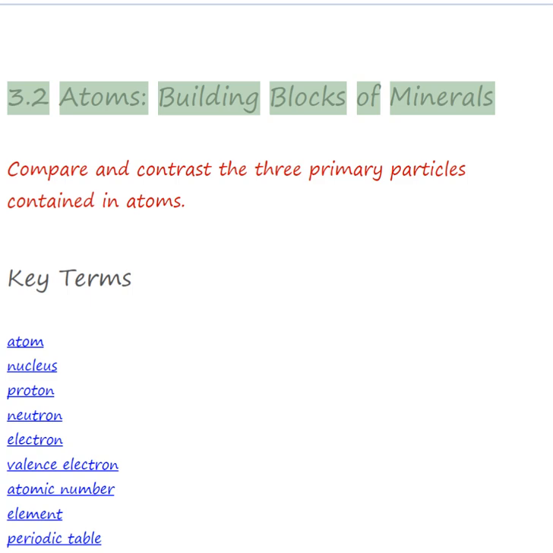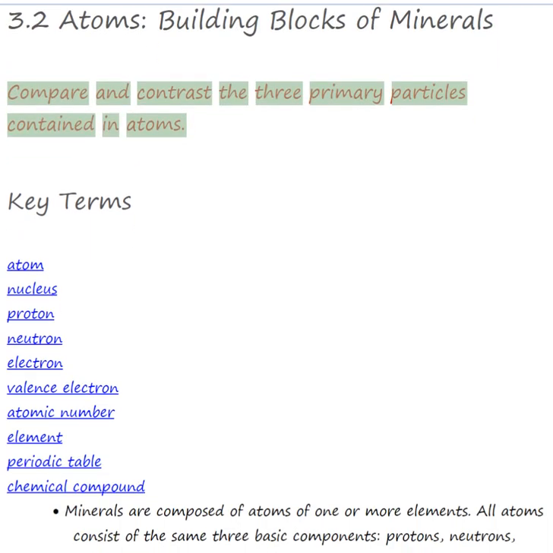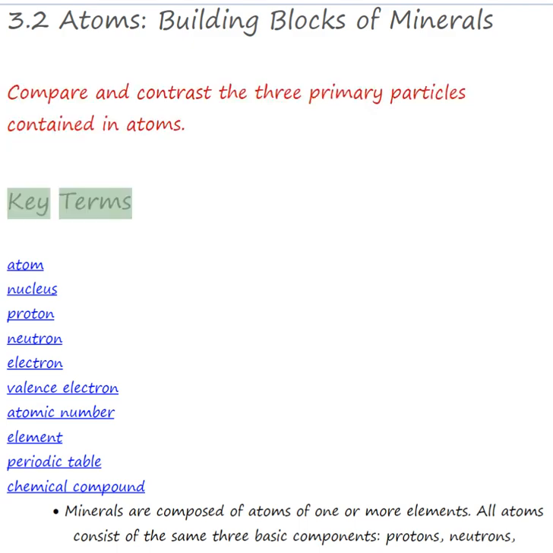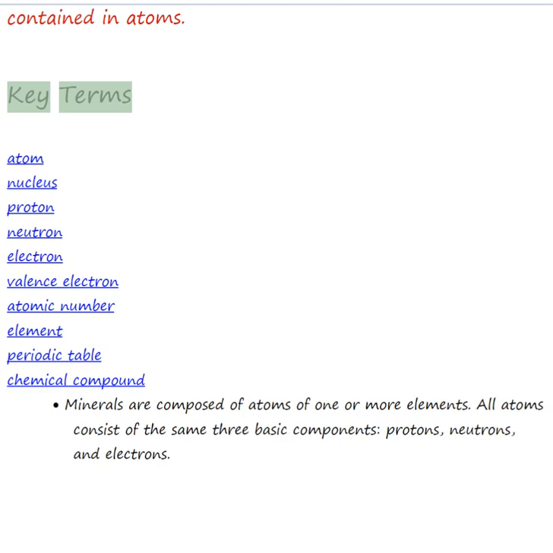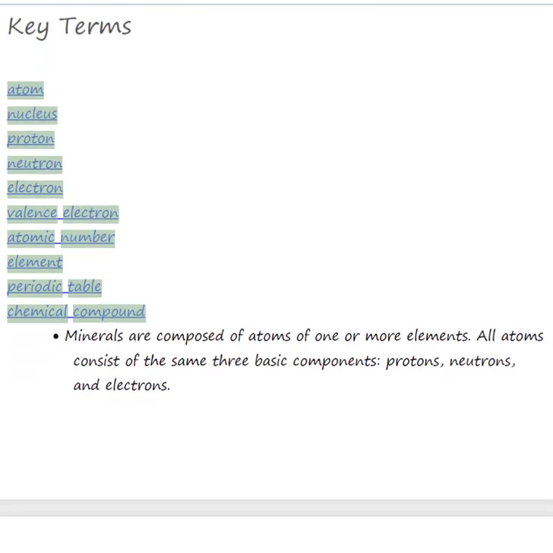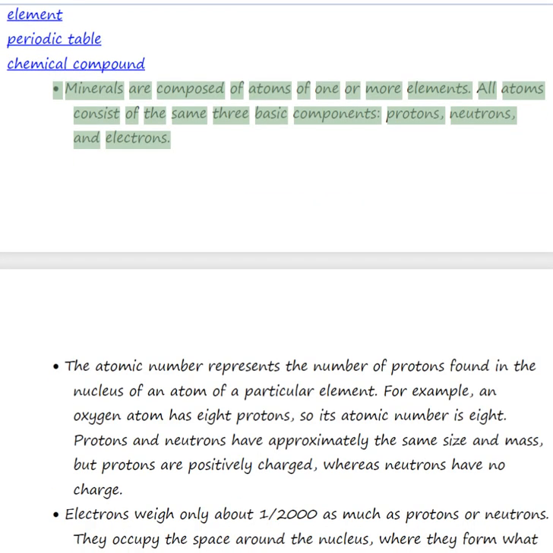3.2 Atoms, building blocks of minerals. Compare and contrast the 3 primary particles contained in atoms. Key terms: atom, nucleus, proton, neutron, electron, valence electron, atomic number, element, periodic table, chemical compound. Minerals are composed of atoms of one or more elements.